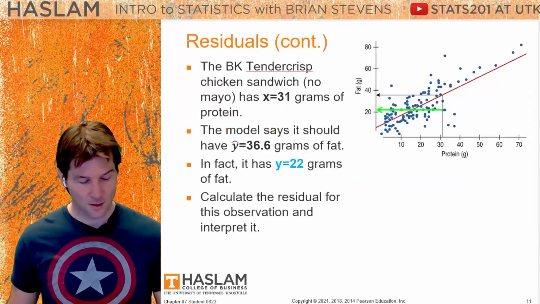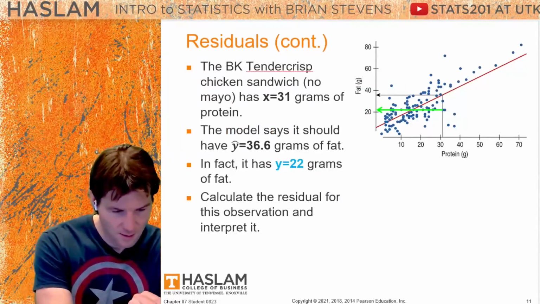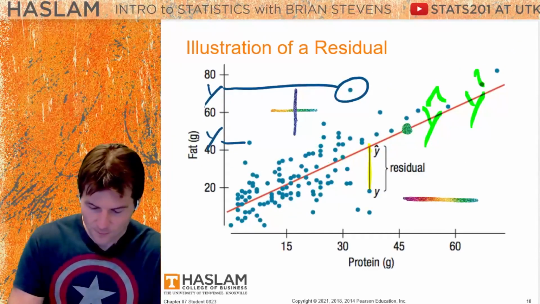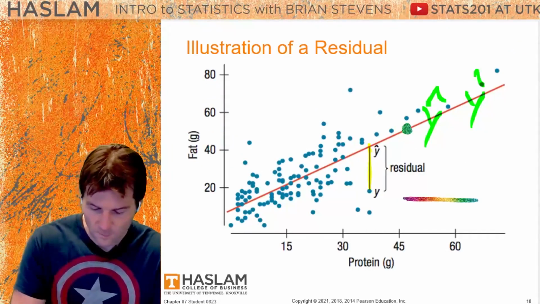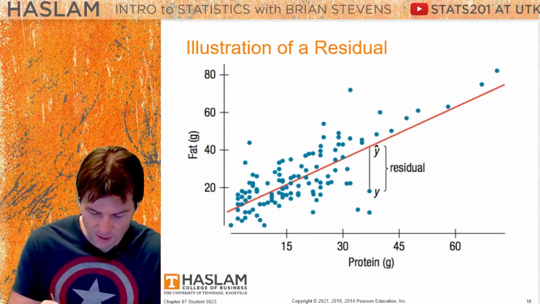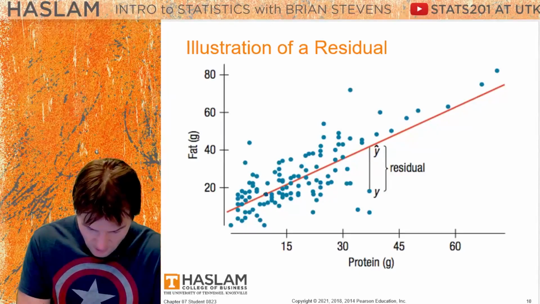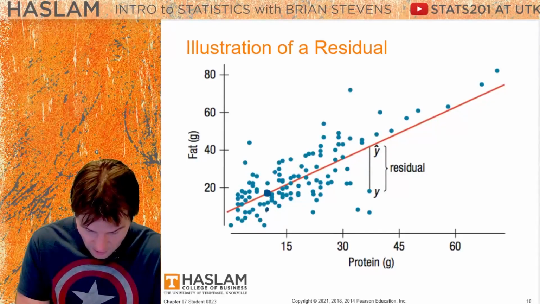That means we predicted 17.5. Let's go grab our model right here and erase some stuff. We predicted 17.5, which means we're over here, about here on the model. It's 17.5 prediction. And it actually has 15 grams of fat, so it's down here.